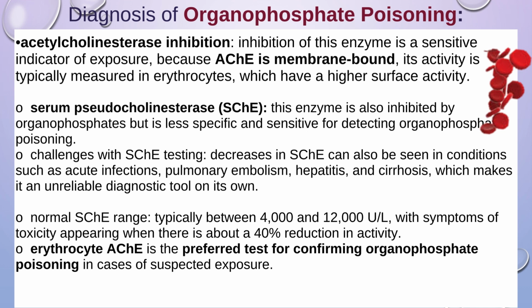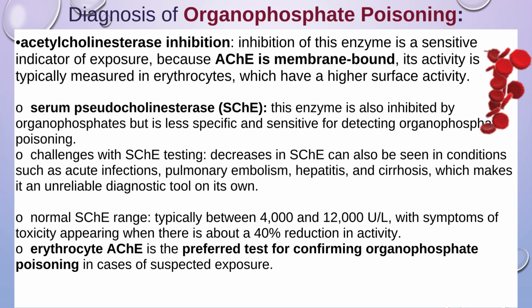So, diagnosis of organophosphate poisoning: the inhibition of acetylcholinesterase is a sensitive indicator of exposure because always remember that acetylcholinesterase is membrane bound. Its activity is typically measured in RBCs because RBCs have a higher surface activity. We also have serum pseudocholinesterase.